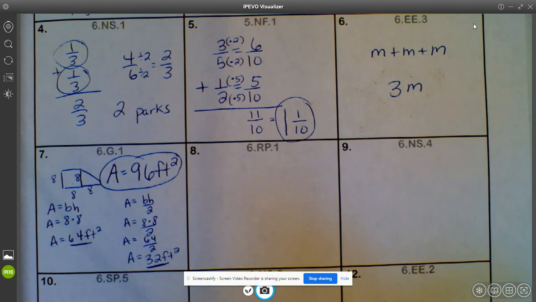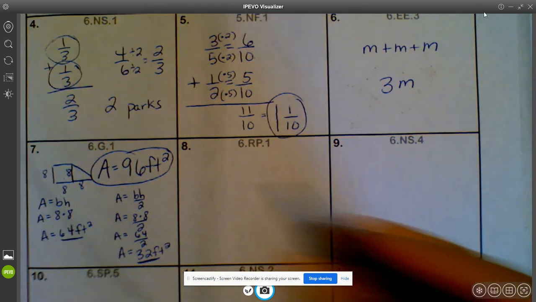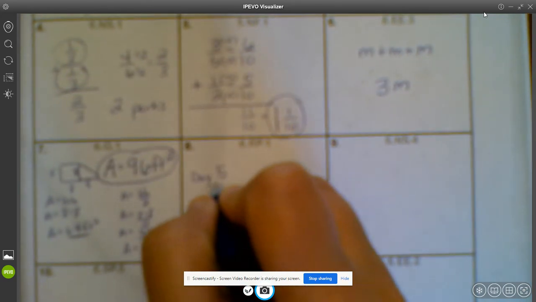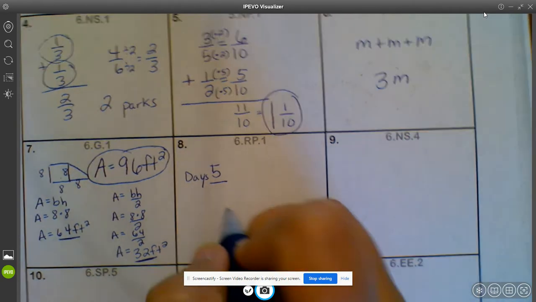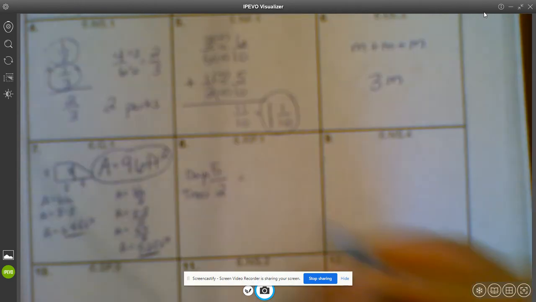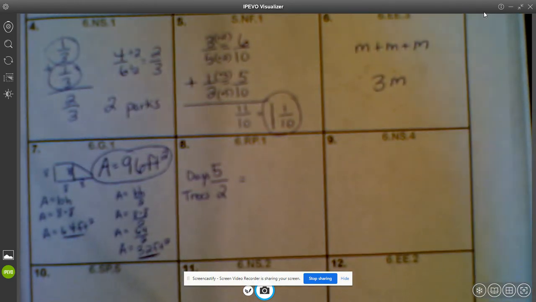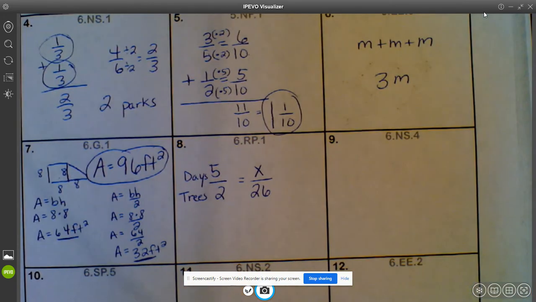Okay, question 8. Every 5 days, 2 trees are planted. How many days will pass before 26 trees are planted? So we're going to set up a proportion here. We have 5 days, and in 5 days, we planted 2 trees. So I want to know if I need to plant 26 trees, how many days would pass?